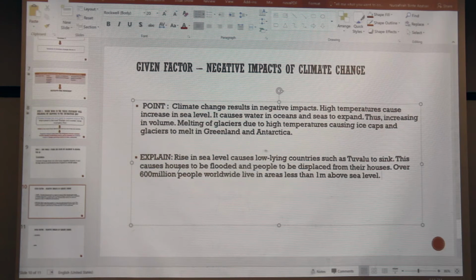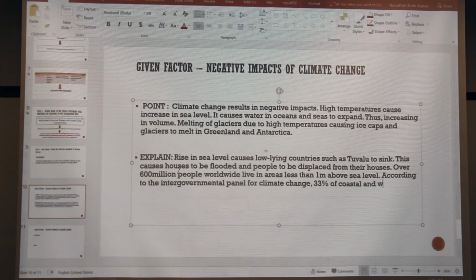You can put it under the example. Climate change: 33% of coastal and wetland habitats are likely to be lost in the next 100 years.